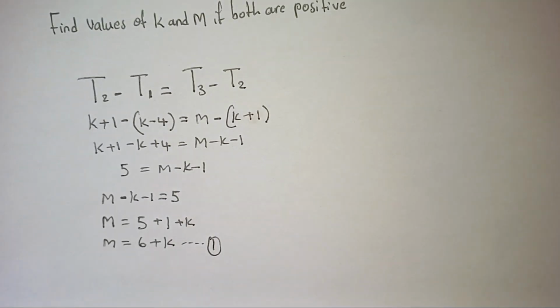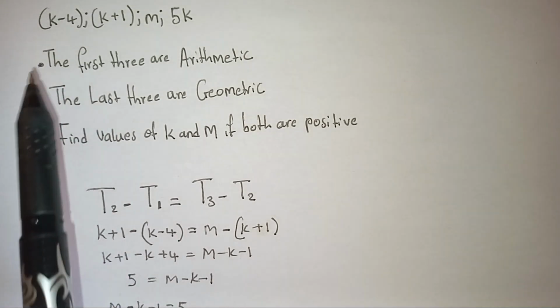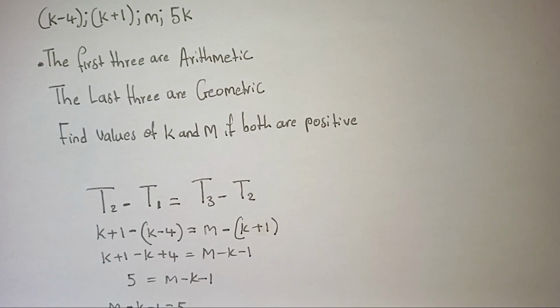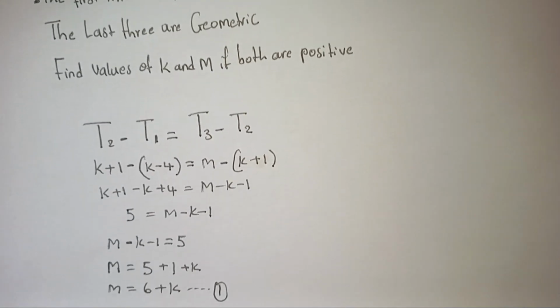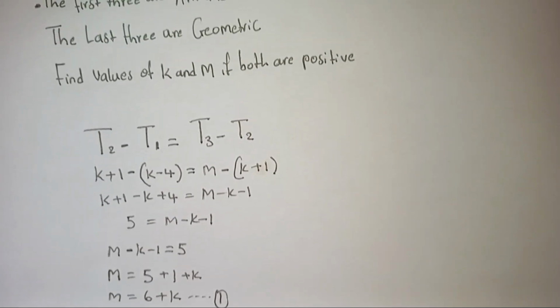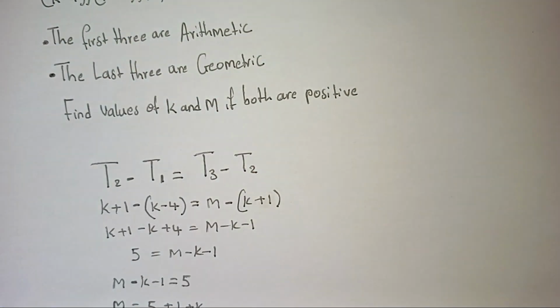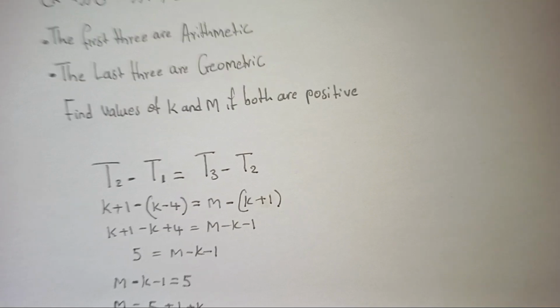We got this from the first given information, bullet point 1, that the first three terms are arithmetic, and for arithmetic we have a common difference. But we're given something extra, which is bullet point 2. Bullet point 2 says that the last three terms are a geometric sequence.